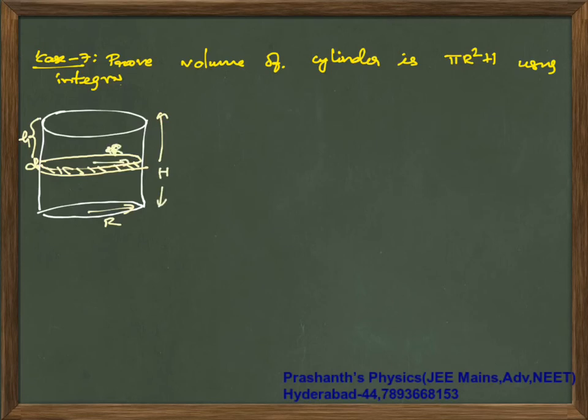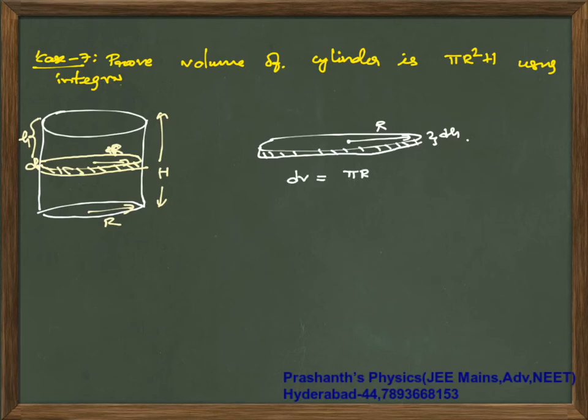Now to define the small volume, if you cut this patch and spread it like this, your small volume of the cylinder, this is radius r, width is dh. So your small volume dV is area of base pi r square into height dh. Area of base into height.